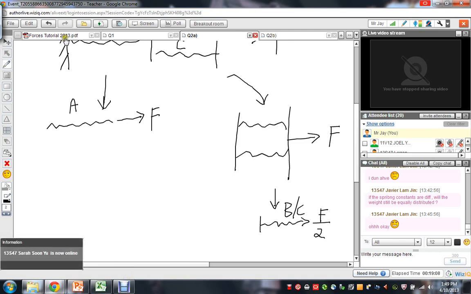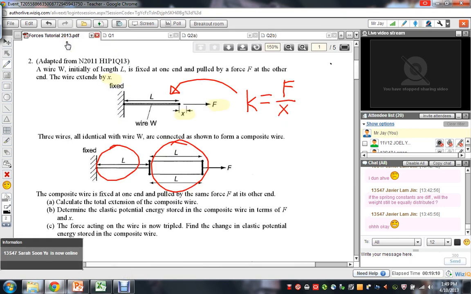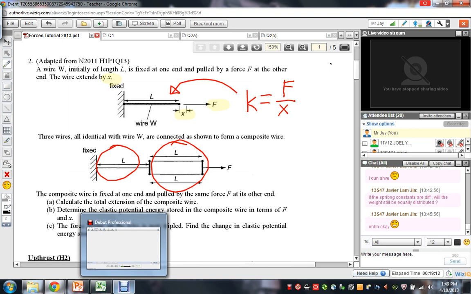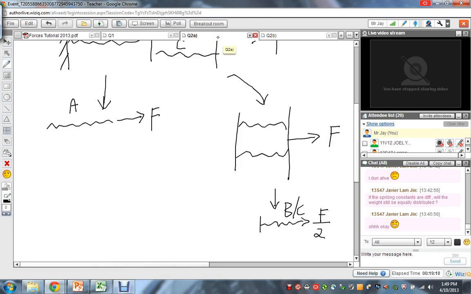The question wants us to determine the total extension of the composite wire, which means we need to know the extension of each of the wires if we are to find the total extension. So, for the first spring A, let's write down the equation.